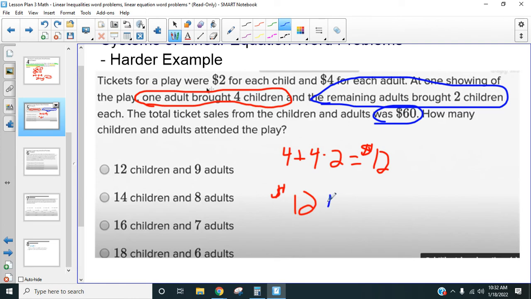For the blue part, we've got a certain number of adults times $4 plus... They each brought how many people? 2.